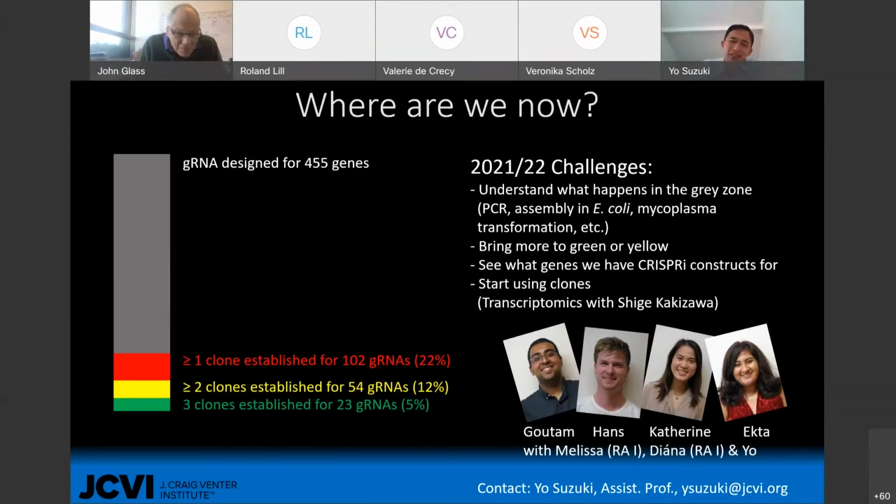So this year we would like to start using these clones. And Shige, participating here, is offering to do transcriptomics on these strains. So we would like to collaborate with them again to make that happen.